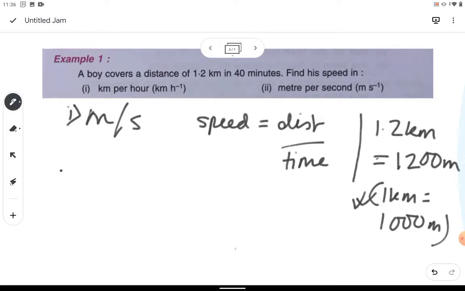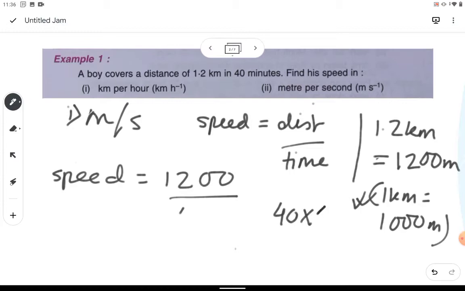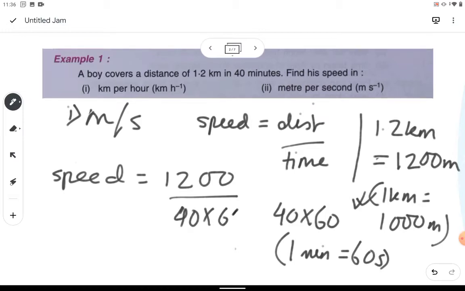So speed will be 1200 by 40 into 60, as minutes are converted to seconds, since 1 minute is 60 seconds. See, you do not have to do multiplications, you can just cancel it out. Right? So 6 into 2, 4, 2. So that will be 0.5 meter per second.